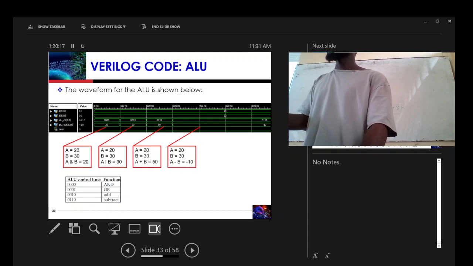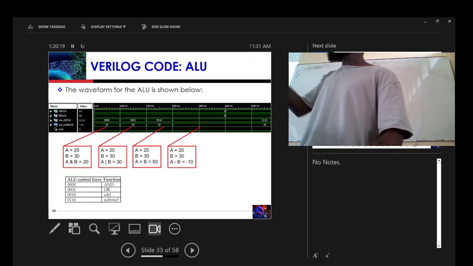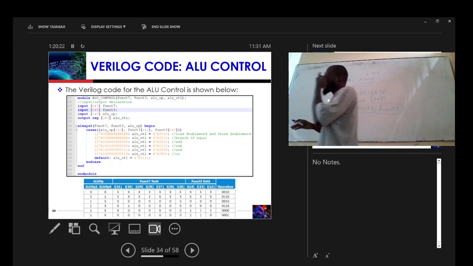Then the next one is the ALU control. How do we generate those 4 bits here? It's very simple again. We are just using the table here as our inputs. The ALU operation depends on ALUOp, which is 2 bits, the funct7 field, and the funct3 field.